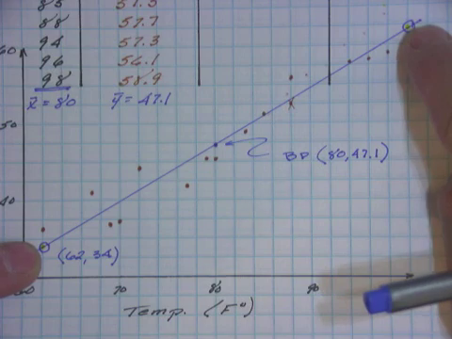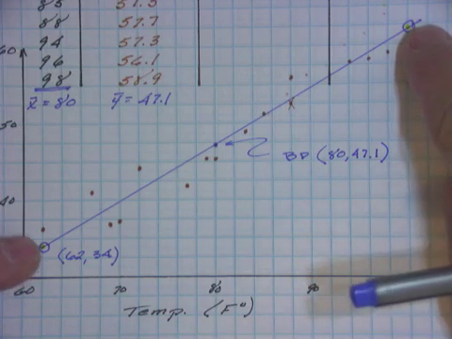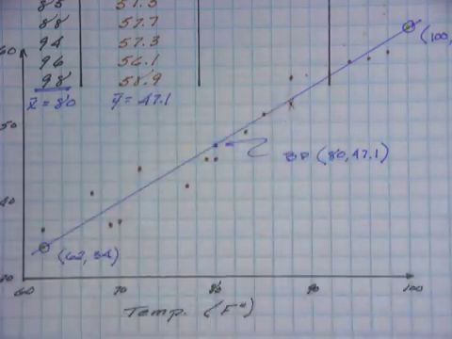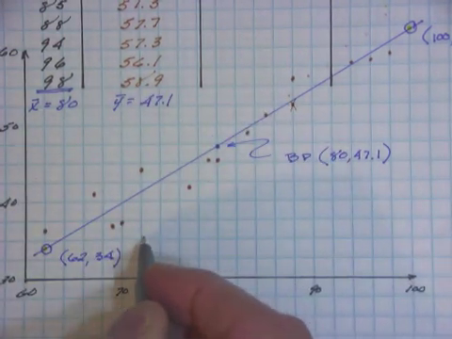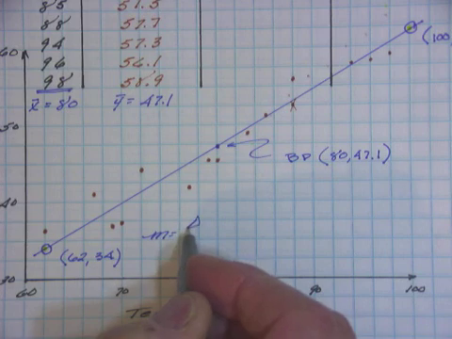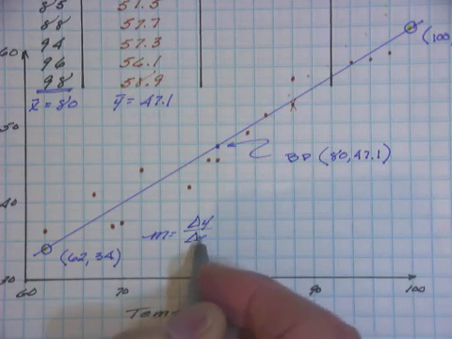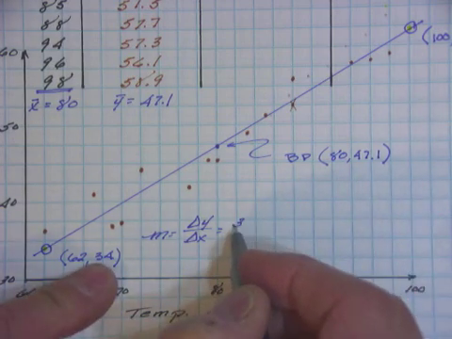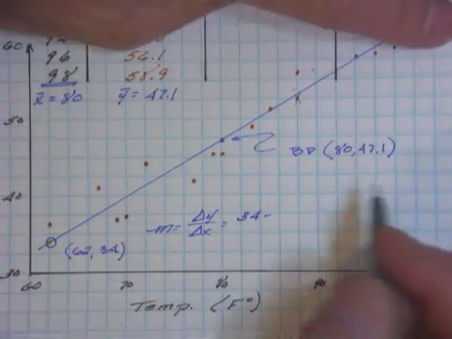Now, I like to spread these points apart as far as I can. The further apart you pick those points on the line, the more accurate your slope's going to be. Don't pick two points that are right next to each other because there's a lot of room for error. So slope, m, equals delta y over delta x.